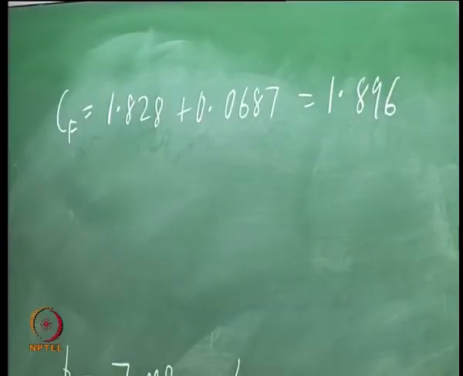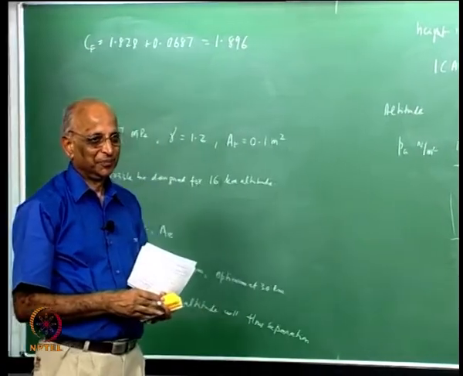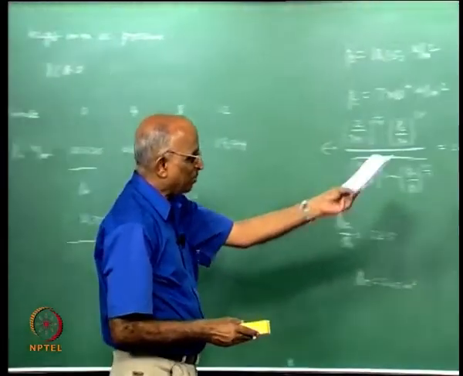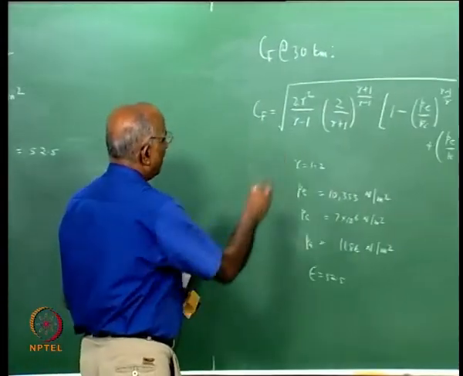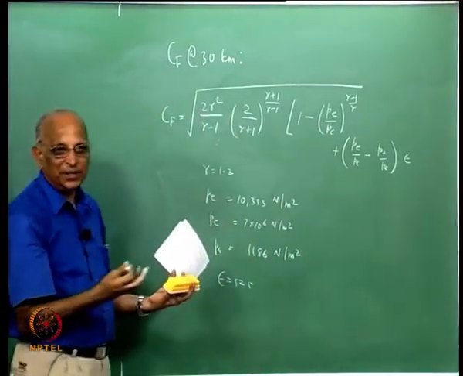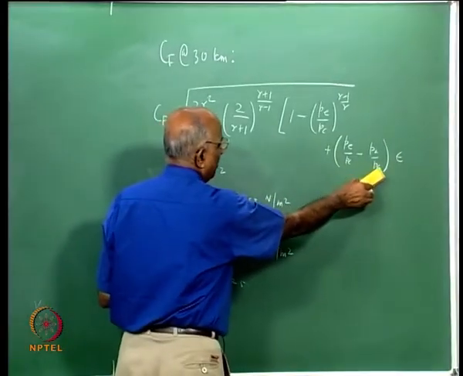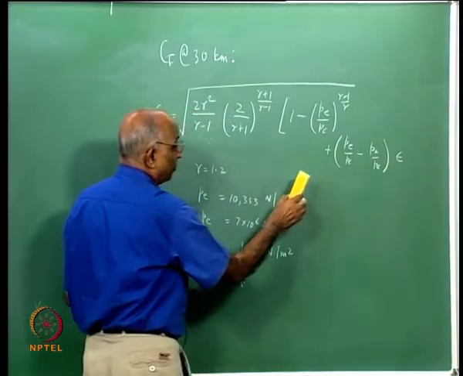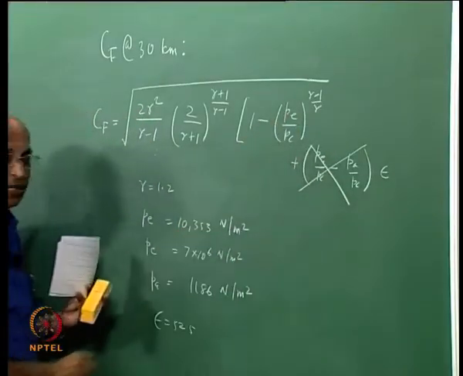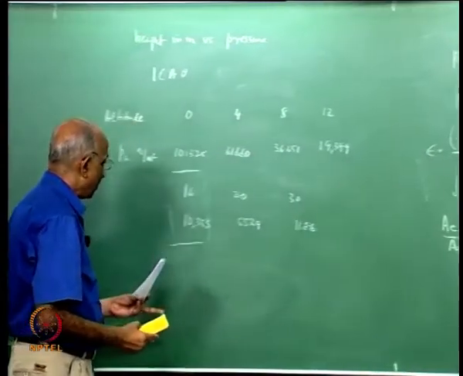Now what is the optimum value at 30 kilometers? Let me go back. In this expression itself you can tell me gamma is still the same. What will be the optimum value at 30 kilometer altitude? Well, Pe is equal to Pa, therefore optimum, therefore this term will get knocked out. And what will be the value of Pe if it is optimum? Yes, let us take a look at this table.